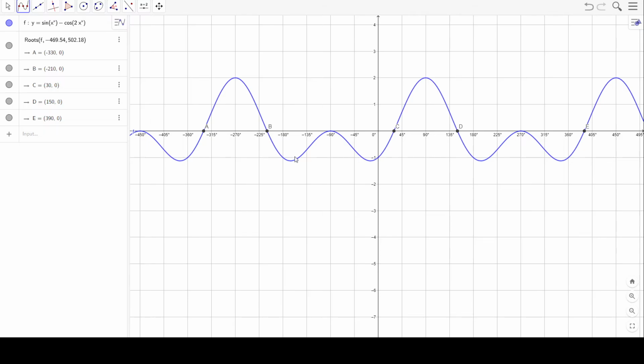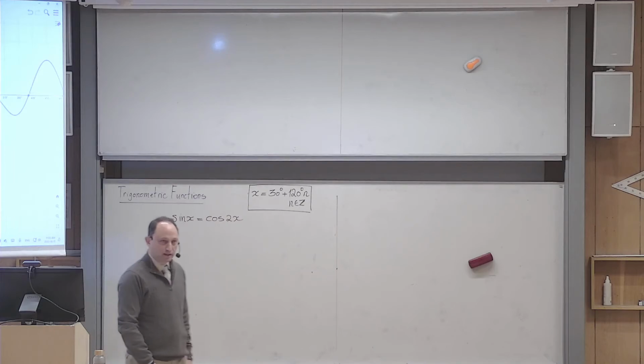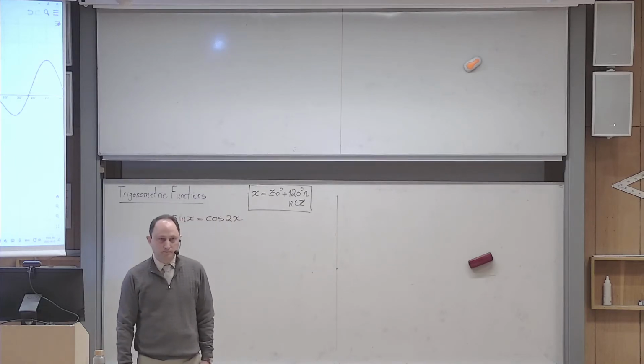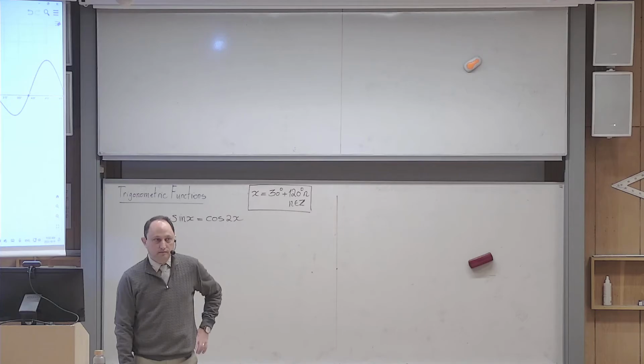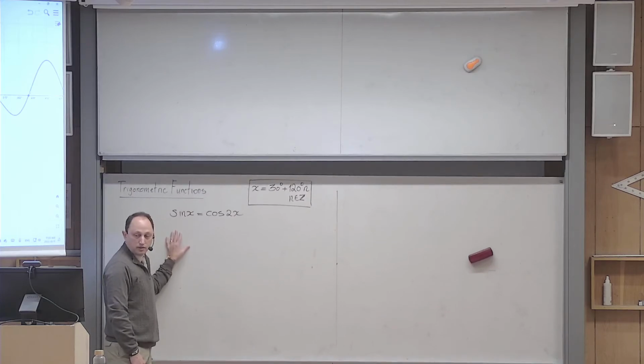But let us go back to solve this problem analytically. Now assume that you are in that part of the exam that you're supposed to do it analytically. Now tell me what to do. It's interesting because I want to see what will happen if I solve this analytically. How do you think about the problem? You want to solve sine x equals cosine 2x analytically.